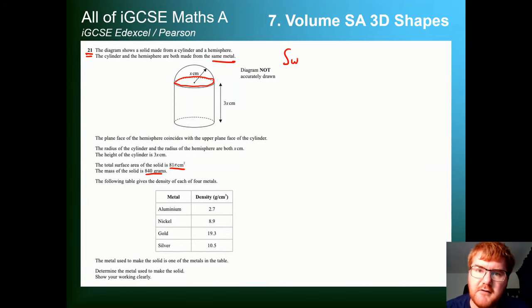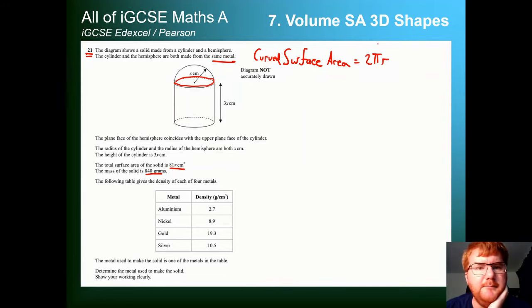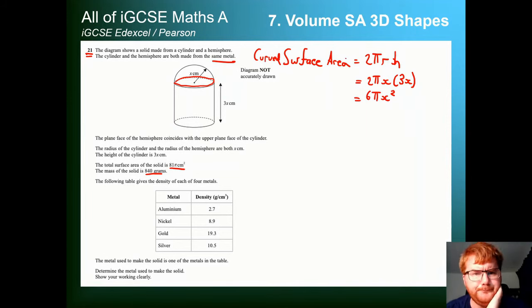So the surface area of a cylinder, or I should say the curved surface area, and we can add in the base later, is equal to 2 pi r h, sorry, and the radius is equal to x, so we have 2 pi x, and the height is equal to 3x. Okay, so if we simplify this down, we get 6 pi x squared. So that's this part done, the curved surface area.